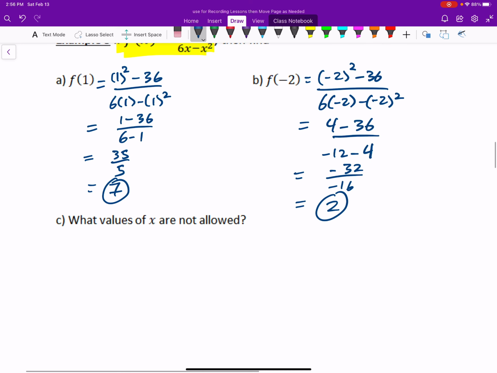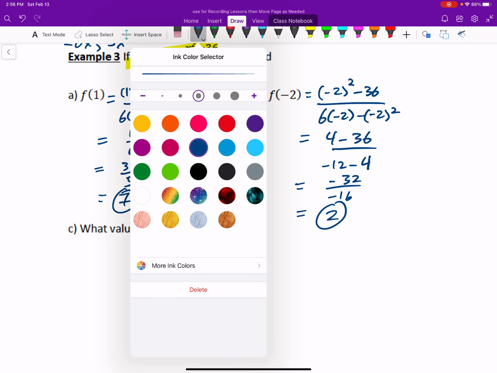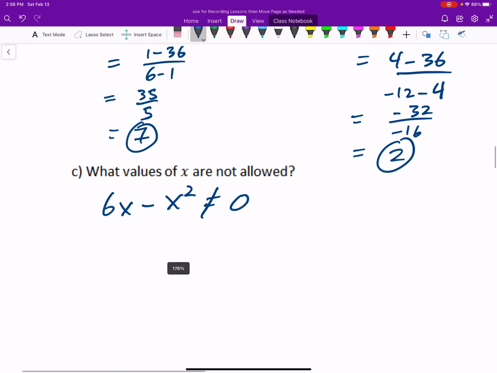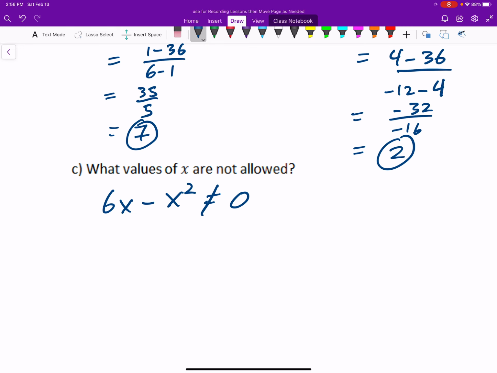Well, that would be our restrictions again, right? When the denominator equals 0, the denominator was 6x minus x squared. If that equals 0, then we've got a problem. So I'll put a cannot equal 0. I should factor this. I can take an x out.